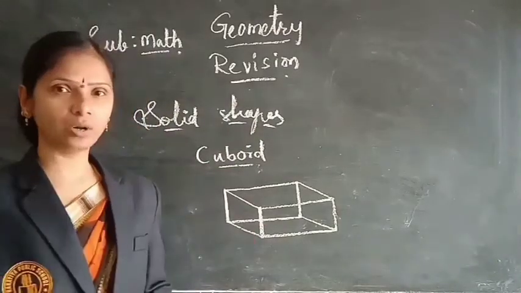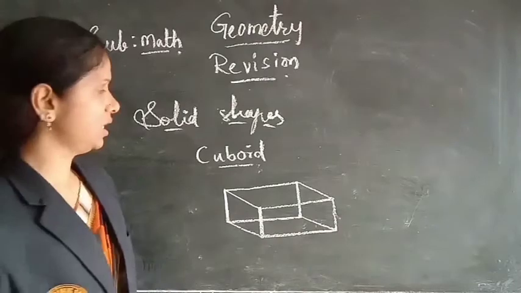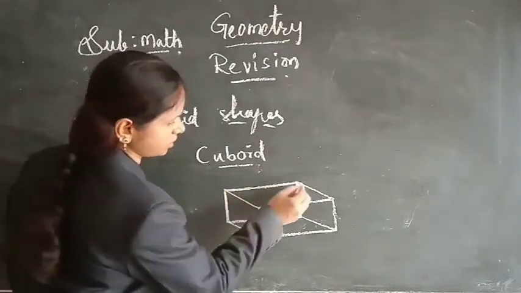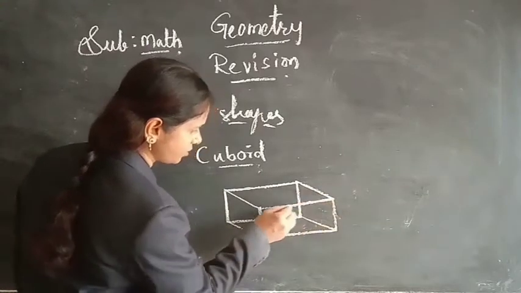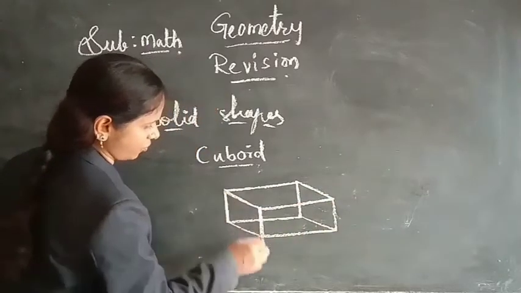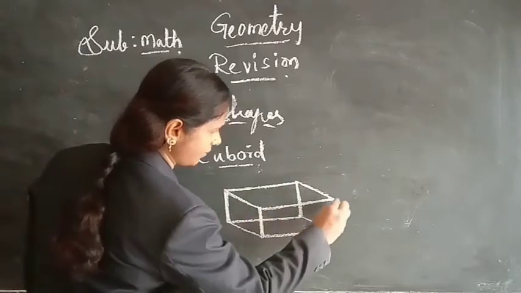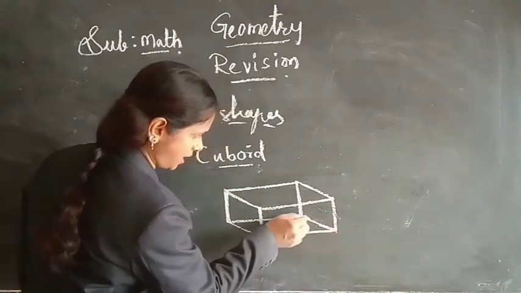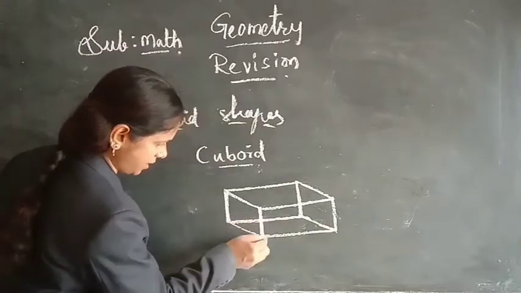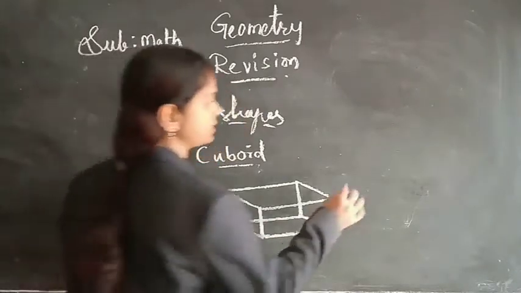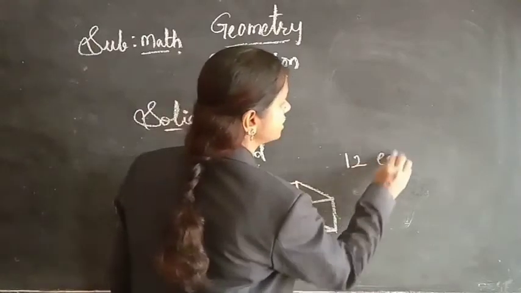Now let's count its edges. 1, 2, 3, 4, 5, 6, 7, 8, 9, 10, 11 and 12. Means a cuboid has 12 edges.